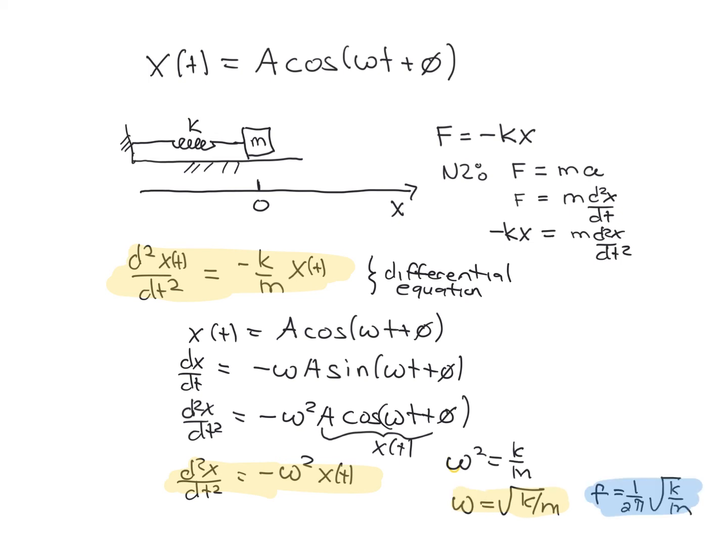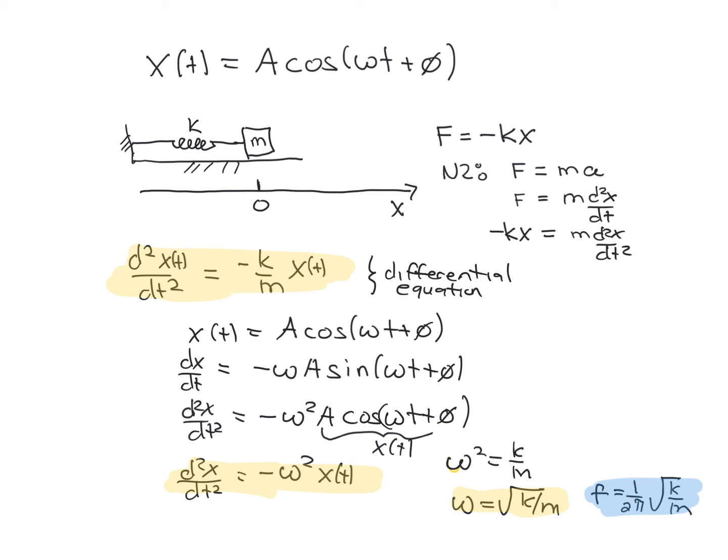And it's also very useful to write down what the actual frequency is. The actual frequency is the number of full oscillations per second. Omega is 2 pi times that. So if you divide omega by 2 pi, you get the actual frequency of the motion.